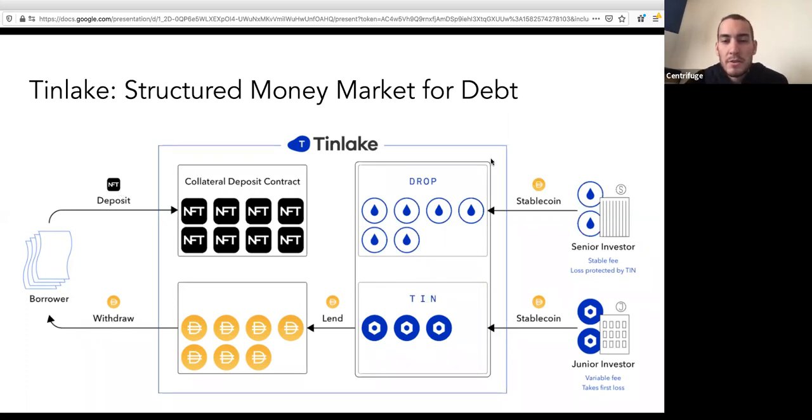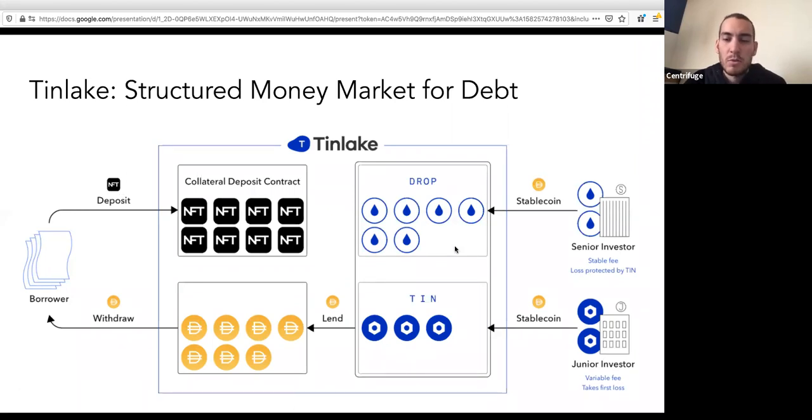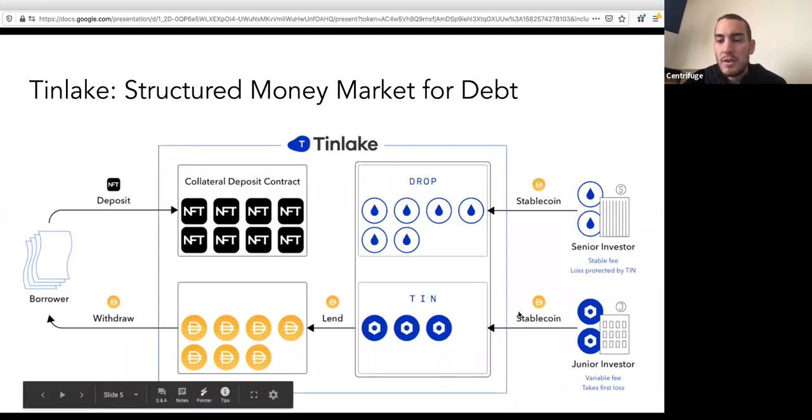Then on the other side, we have two tokens, and I'll get into detail on why two later. Essentially, we have these ERC20 tokens that represent an investment in the pool. What investors do is buy DROP or TIN tokens for a certain amount of stablecoin.